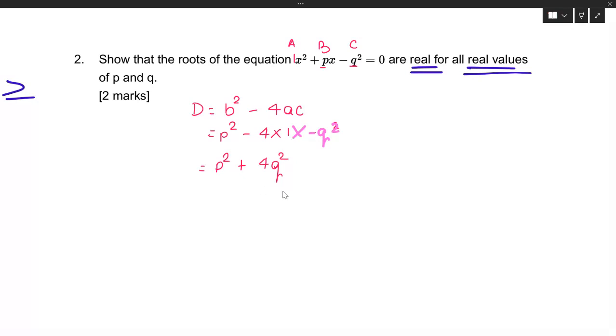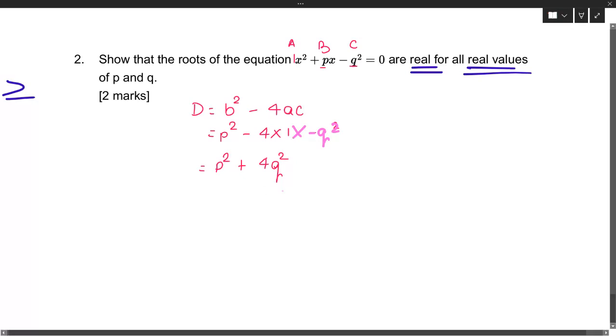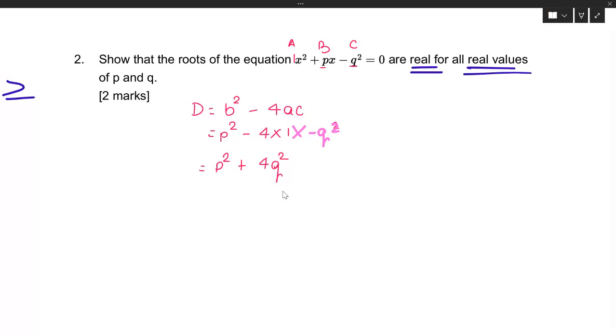Otherwise, it would have turned to minus. Now if you do till here, you will get 1 mark. Now, as you could see, D is equal to p square plus 4q square, which is greater than 0.